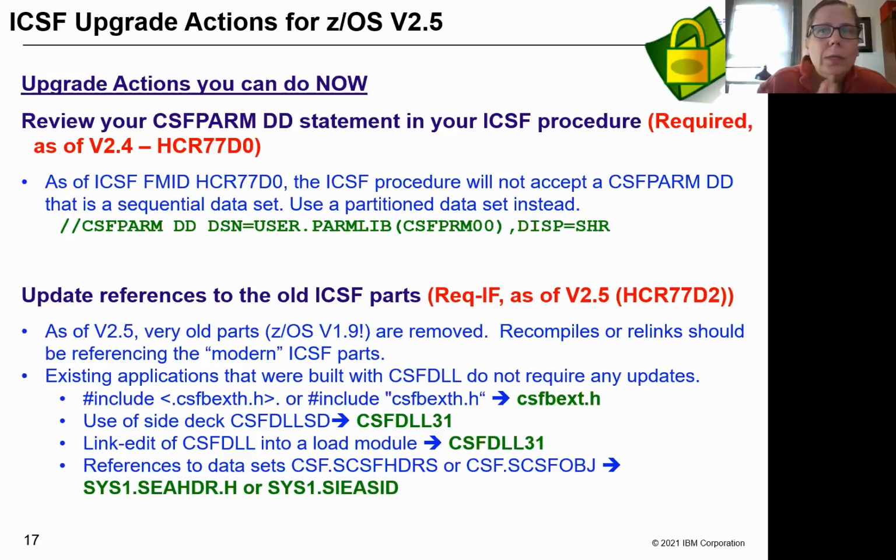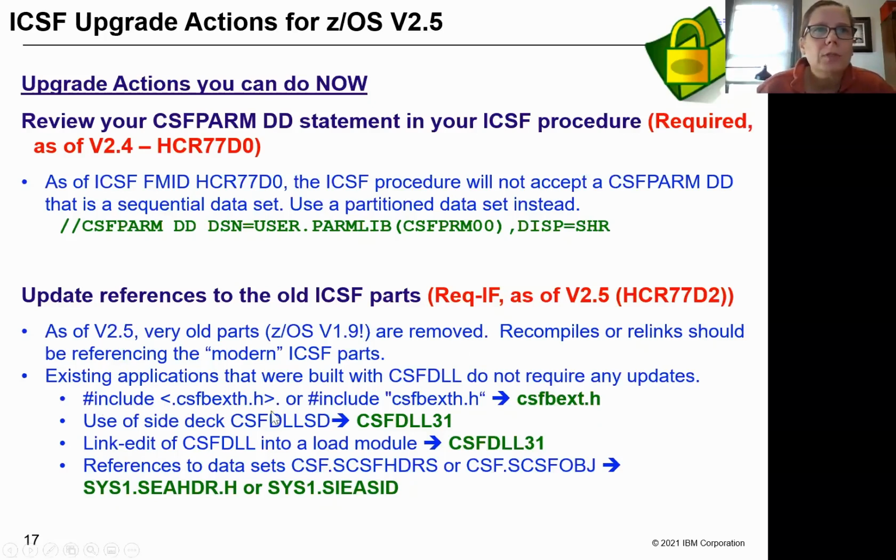When we remove these old parts, it won't affect any of your existing applications. They will still continue to run just as is. However, if you had any programs that you wanted to recompile or relink that referenced these removed parts, that's where you'll have to make changes. Here you can see the changes.